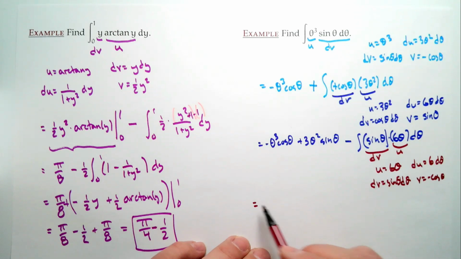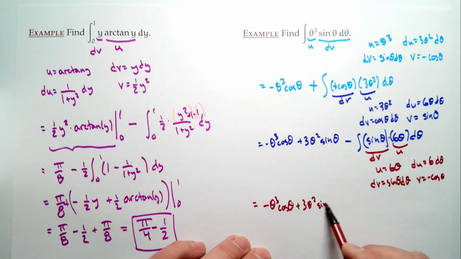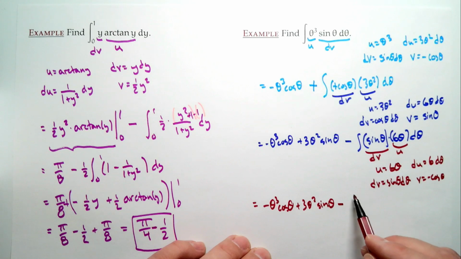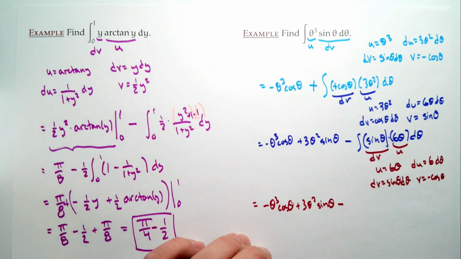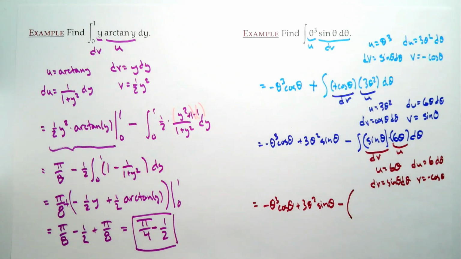All right. So we get minus theta cubed cosine theta plus 3 theta squared sine theta. I'm just copying these first two over. Minus, and now I'm going to do something really important. This next step will save many people from losing points. It's called a parenthesis. All right? So when you have a minus sign and you're doing integration by parts, a lot of people forget to put that minus sign all the way through.